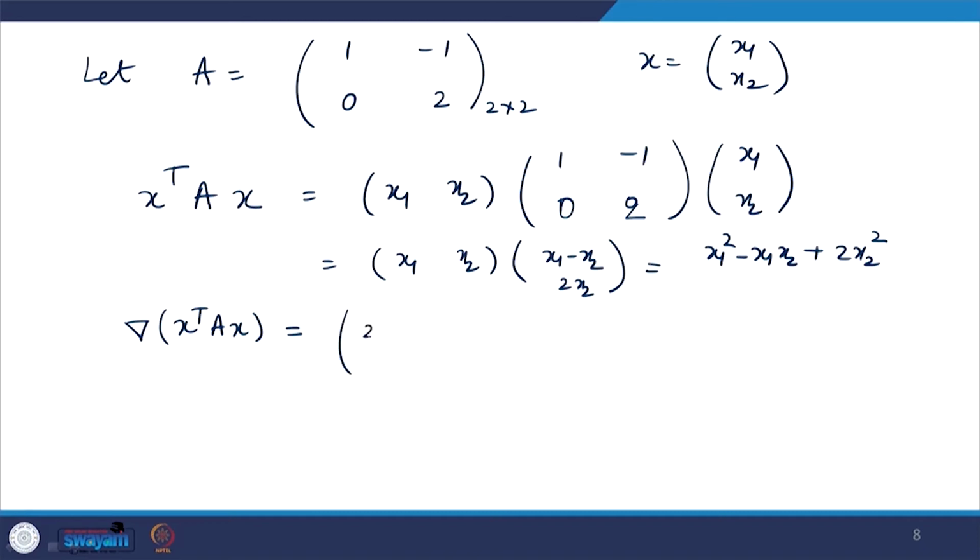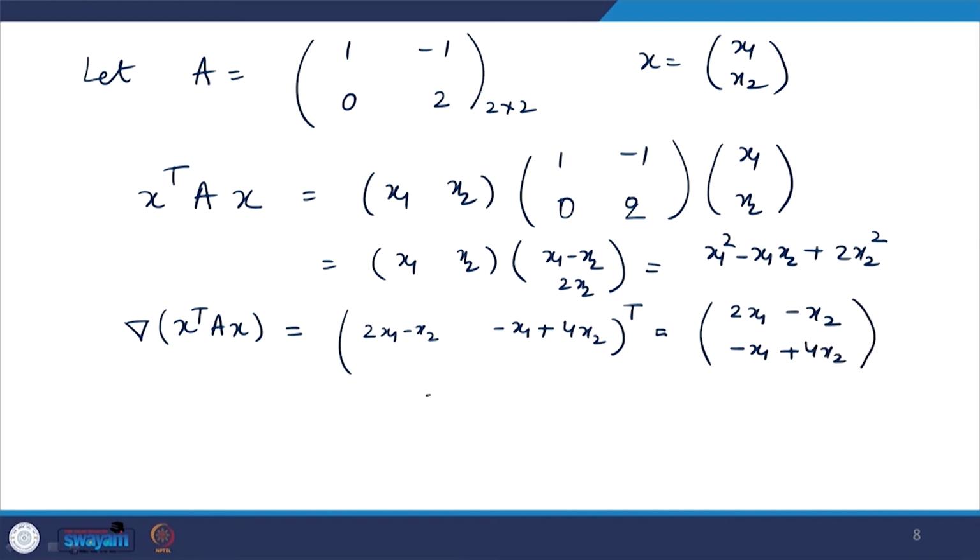Respect to x1 it is 2 x1 minus x2, respect to x2 it is minus x1 plus 4 x2. So, it is 2 x1 minus x2, minus x1 plus 4 x2.